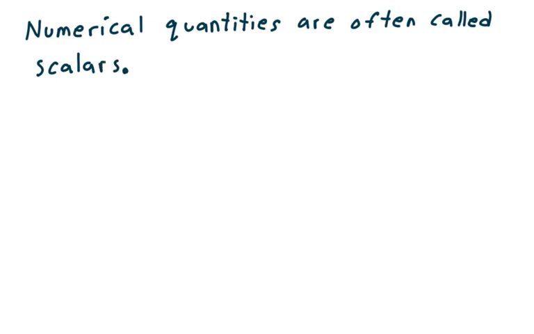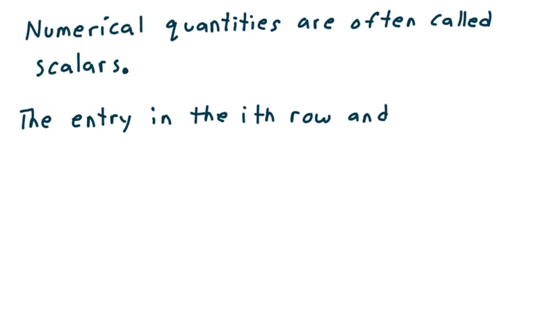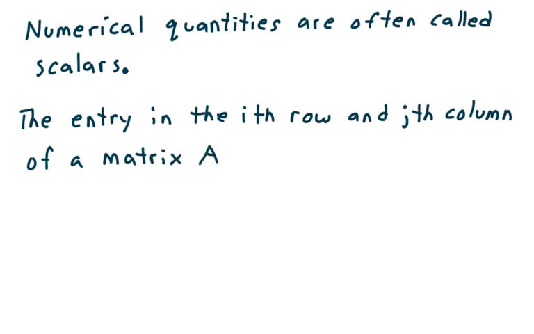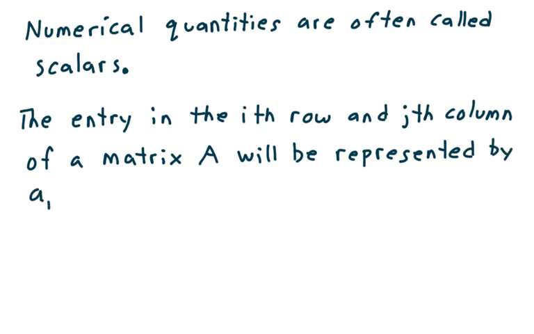Now, the entry in the ith row and jth column of a matrix A will be represented by A sub ij.